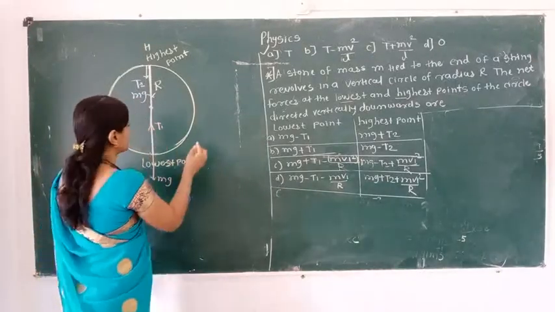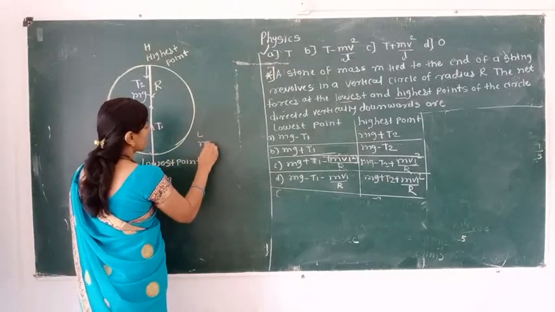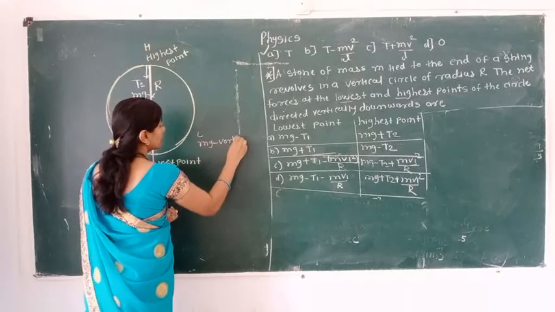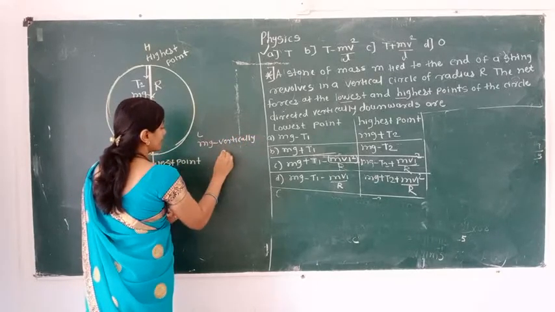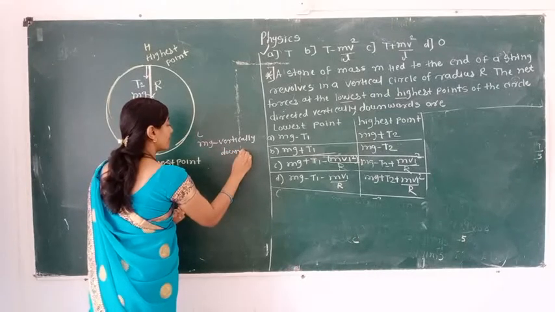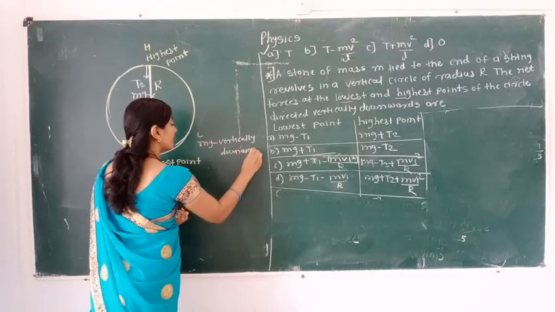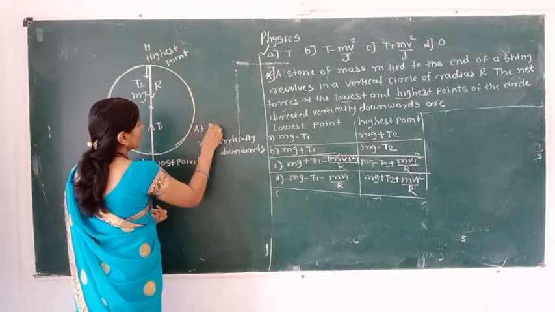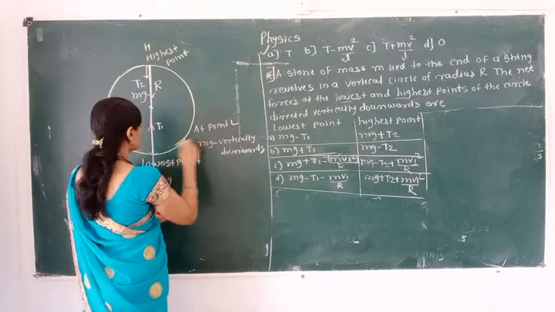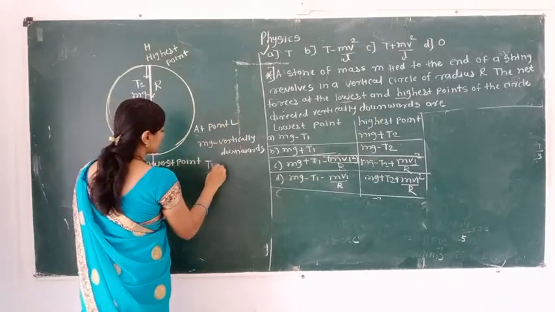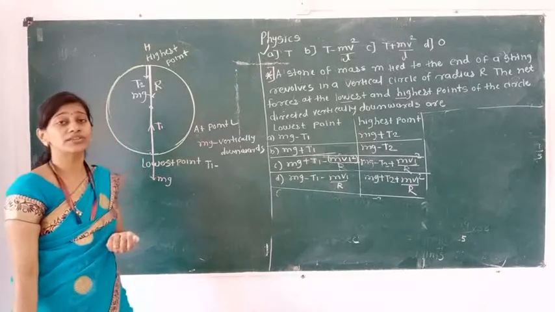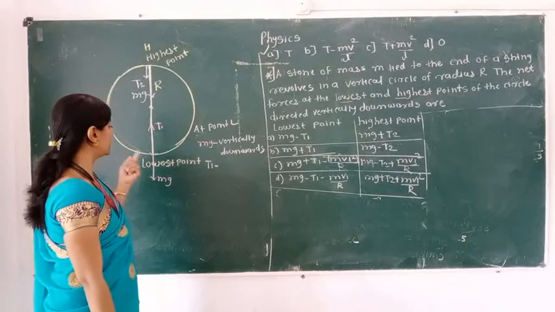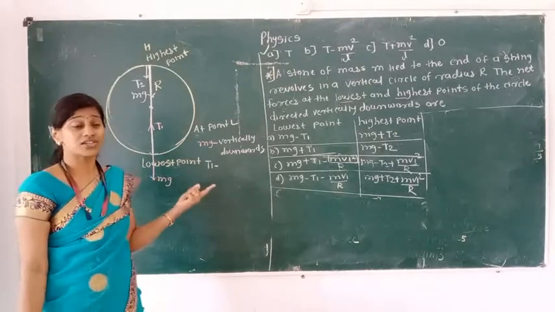At the lowest point, see there here, two forces are there, mg is vertically downward. Next, at lowest point, here we will write at point L, two forces are present there. Next is T1. See there, mg and T1, they both are opposite to each other. mg is vertically downward direction and T1 is vertically upward direction toward the center.